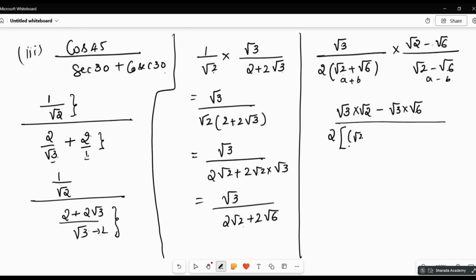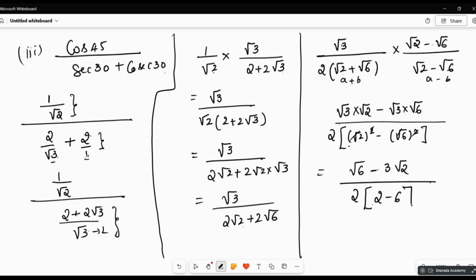That is root 2 whole square minus root 6 whole square. Right, then I'll explain again.